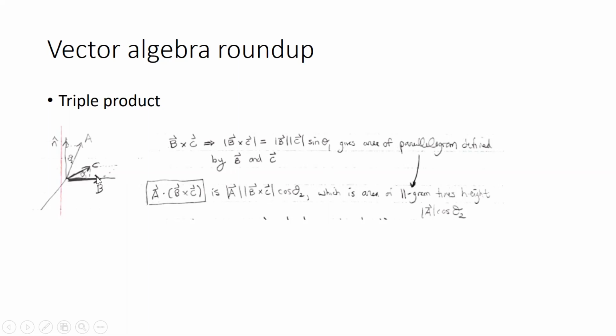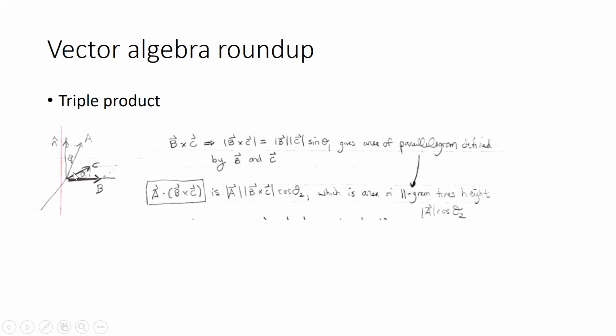So we have the base here times the height of this, I guess it's a rhombus. Is that right? Anyway, parallelogram, two-dimensional parallelogram. So that would be the area. So that gives the area of this parallelogram, defined by B and C.